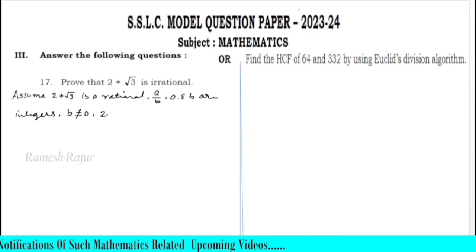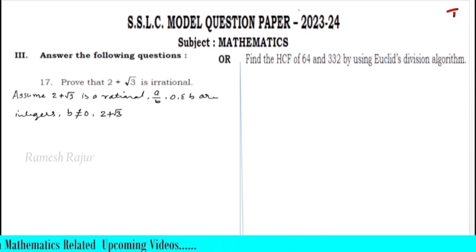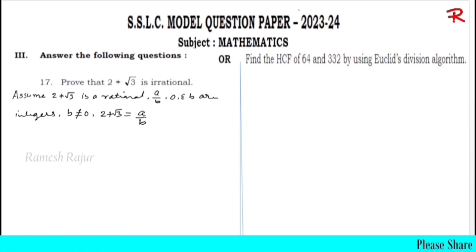Then 2 plus root 3 can be written as a by b, because we have assumed that 2 plus root 3 is rational. Rational means it can be written in the form of a by b.